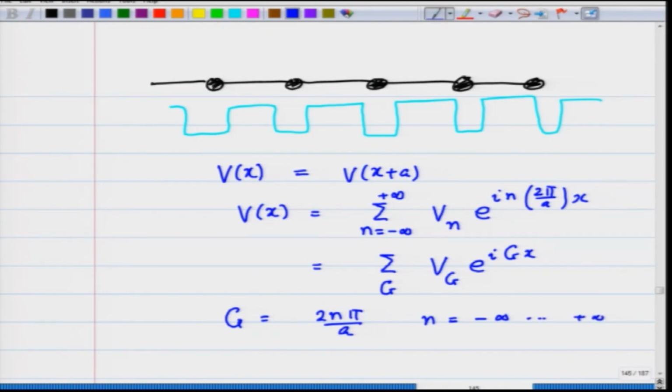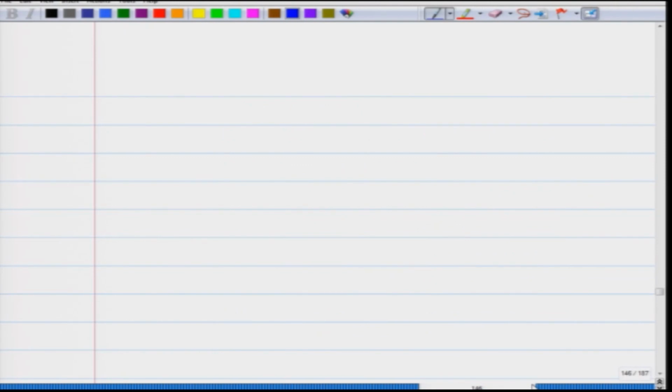This is the potential. So, let me write it again. Since the potential is periodic, I can write V x as summation over G, where G spans all the reciprocal space vectors, V G e raised to i G x.